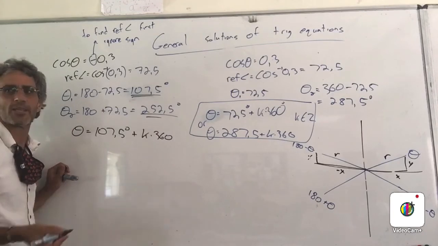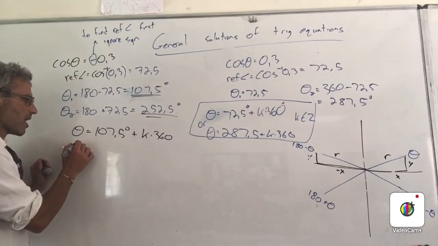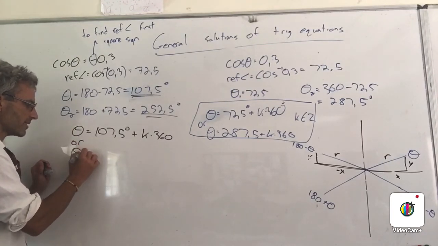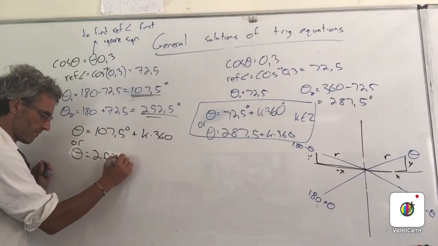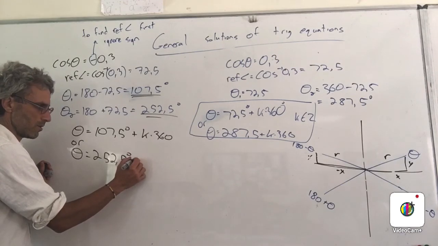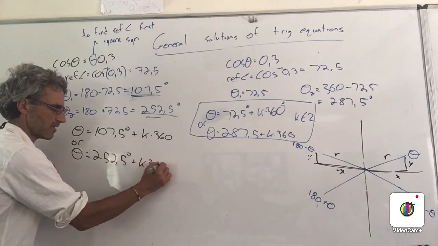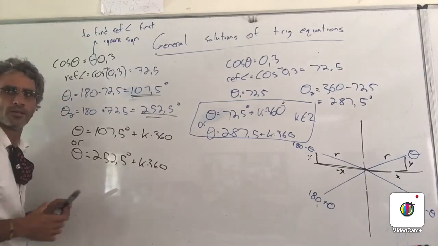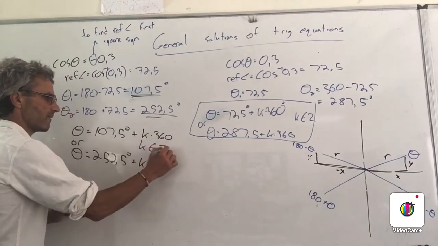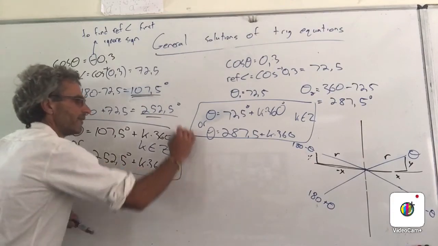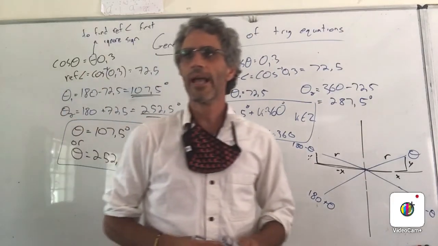It's the same recipe. And then, or, theta equal to 252,5 plus K times 360. What am I missing? Oh, K is an integer. K belongs to Z. And that's it.